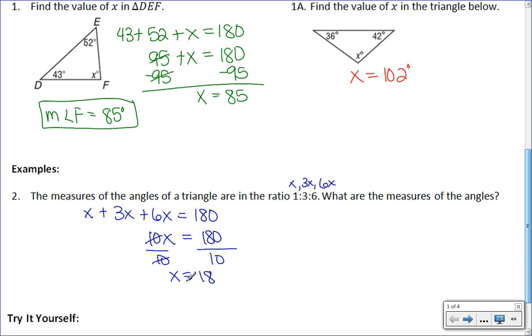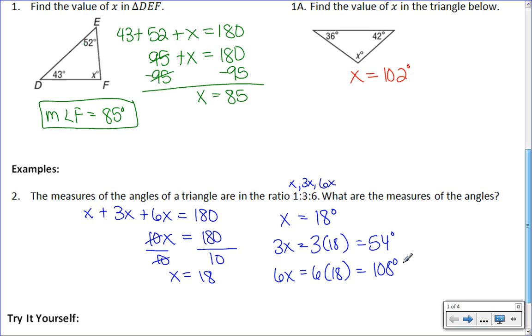Now this doesn't answer the question. We're supposed to find the measures of the angles. So we go back to our three expressions here. So one of them is just x, which is 18. We have 3x, which is 3 times 18, or 54. And then 6x, or 6 times 18, which is 108.